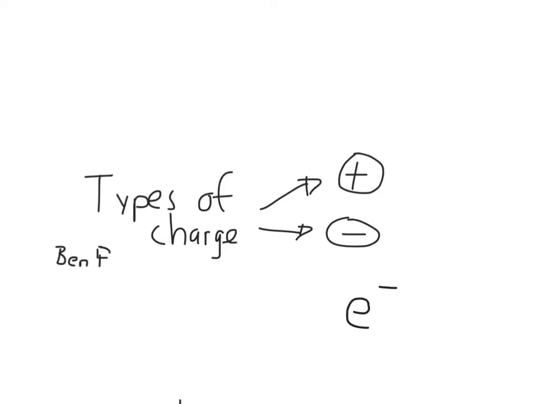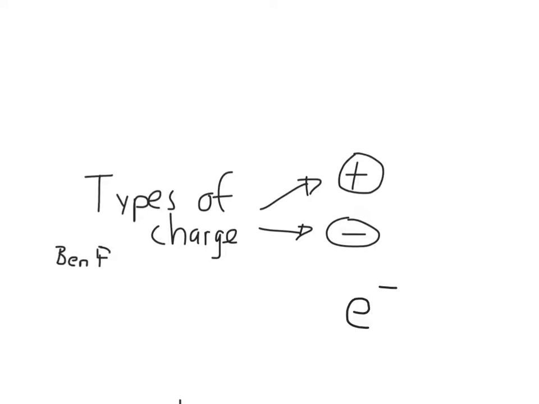The electrons, remember, are one of the subatomic particles we have in the atom, the ones that have a negative charge. So when you have an excess of electrons, you have a negative charge. If you have a lack of electrons, then you will have a positive charge.